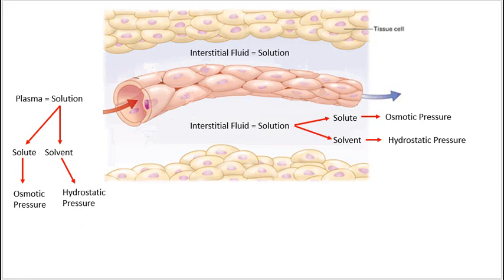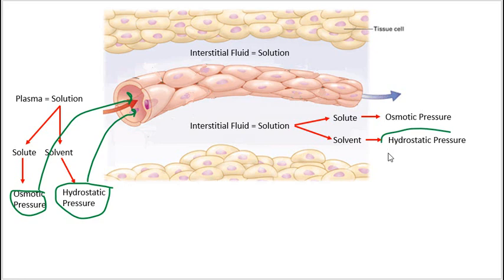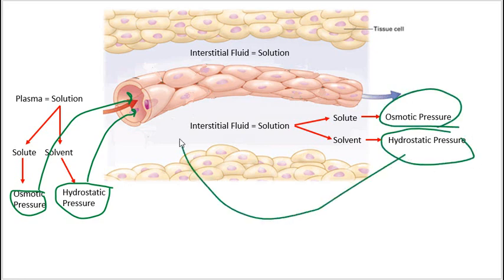So where does water exert hydrostatic pressure? When you look at it, you have hydrostatic pressure and osmotic pressure. You have hydrostatic pressure and osmotic pressure inside the capillary, and you also have hydrostatic and osmotic pressure right over here. The hydrostatic pressure in the interstitial fluid pushes everything into the capillary, and the hydrostatic pressure in the capillary pushes everything out.